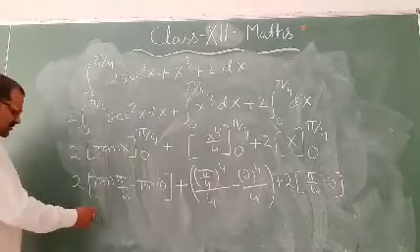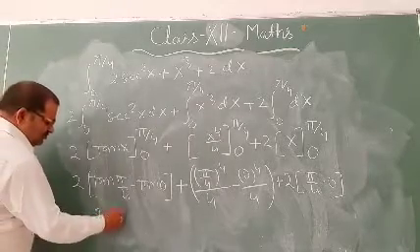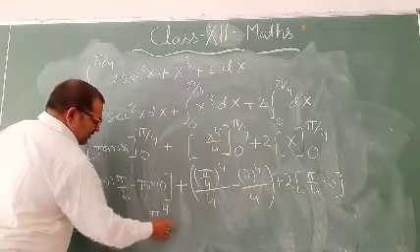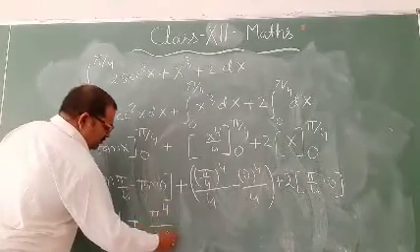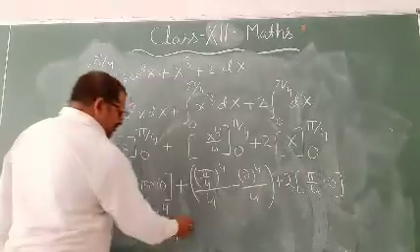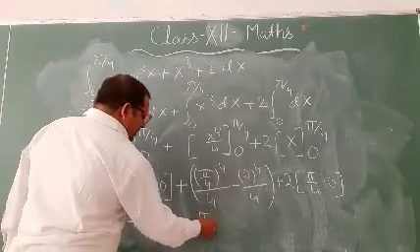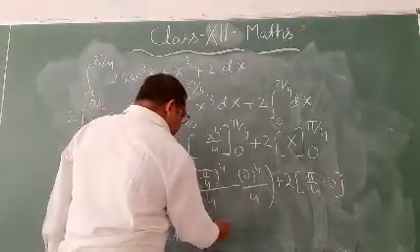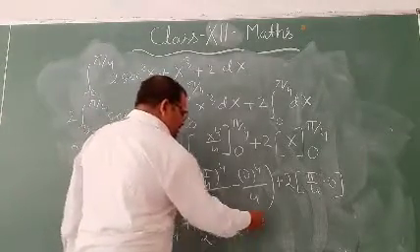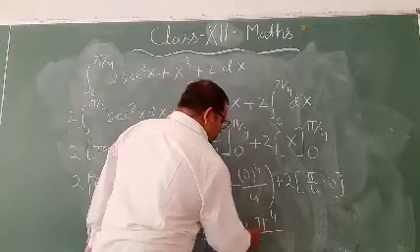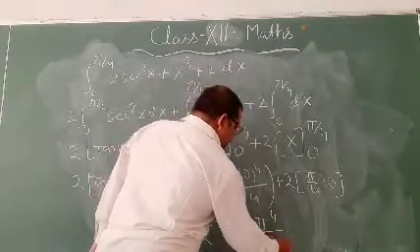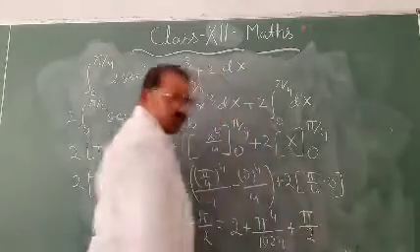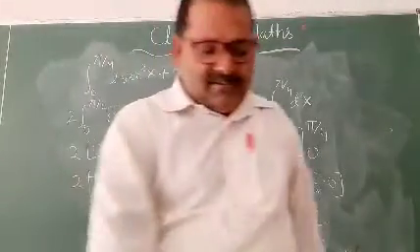So that's equal to 2 into 1 plus (pi by 4) power 4 upon 4, that is pi power 4 upon 1024, plus pi by 2. Now equal to 2 plus pi power 4 upon 1024 plus pi by 2. Clear? Okay.